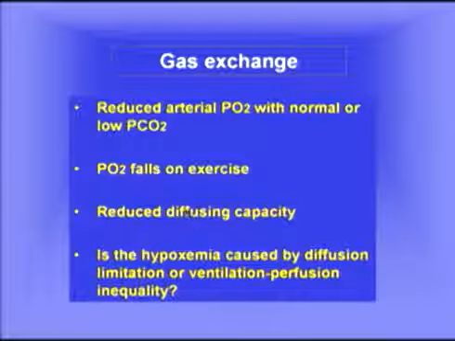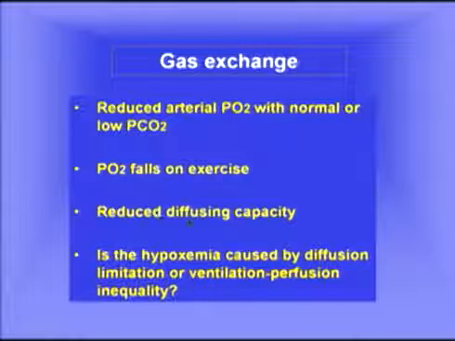And if the diffusing capacity is measured and it's found to be normal, and it also increases on exercise, then there's a real question of whether this really is interstitial fibrosis, because that would be very unusual, and that would cause us to think again about the diagnosis.